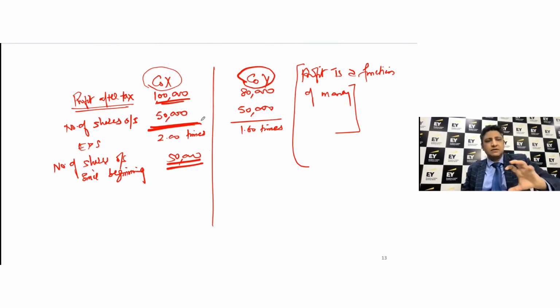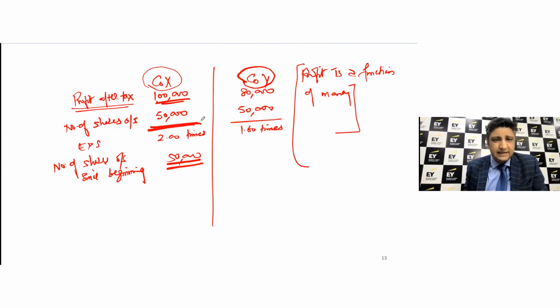Whenever you issue these shares, the money from those shares is available with you as company X for the entire period under consideration, right? The money you received by issuing these shares is available with you for the entire period, and you earn the profit for that period. So it would be 50,000 straight away.